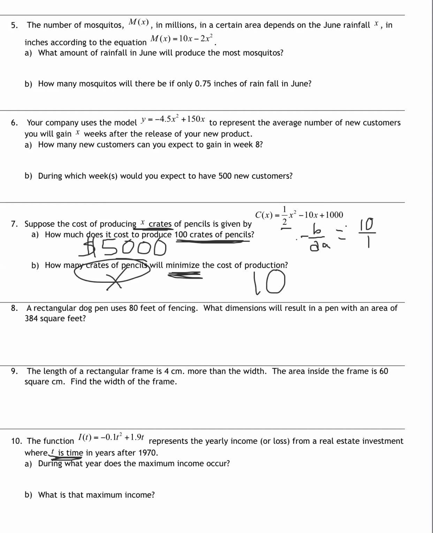Okay, so let's see. Negative b over 2a in this case. That's going to be a negative 1.9 over 2a, so that would be a negative 0.2. And that just comes out to be a positive 9.5.